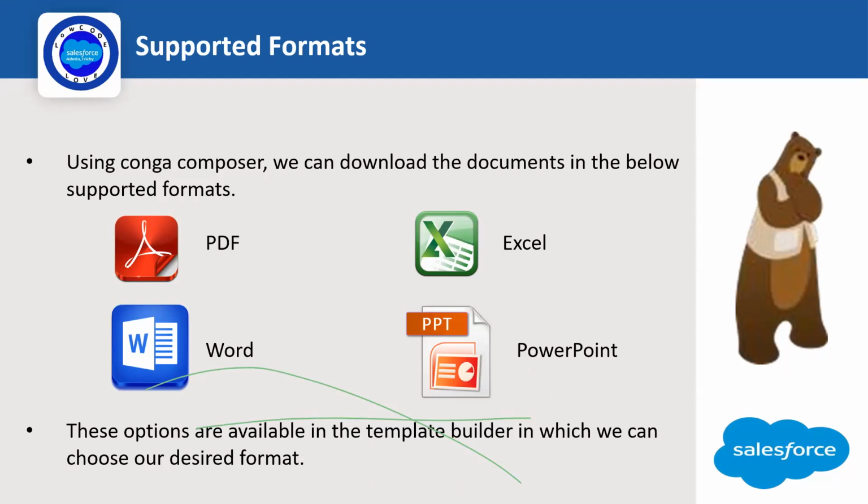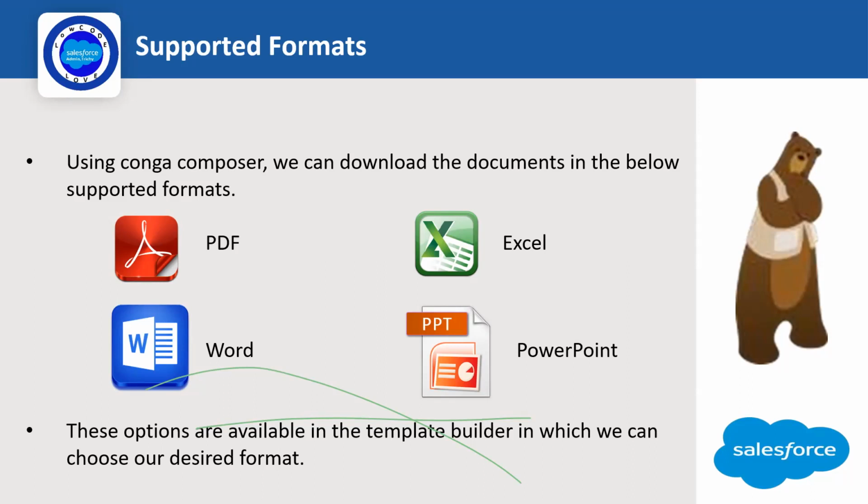For example, if the company wants to generate an invoice and download it as a Word document, they can download it as a Word. If they want to download it as a PDF, they can download it as a PDF. All those options are available in the template builder so that you can choose your desired format and customize according to your need. So these are all the supported formats inside Conga.